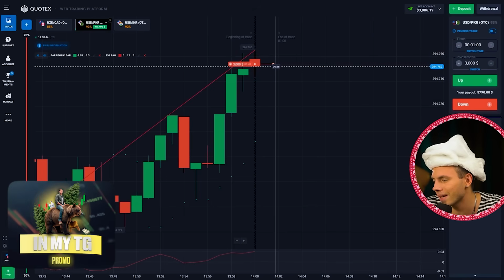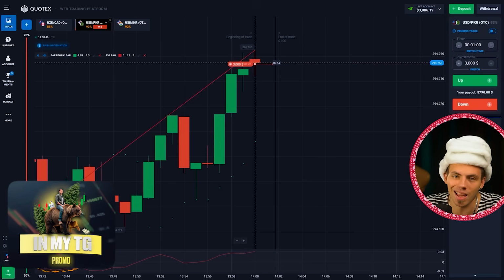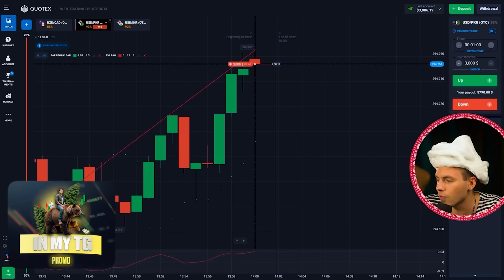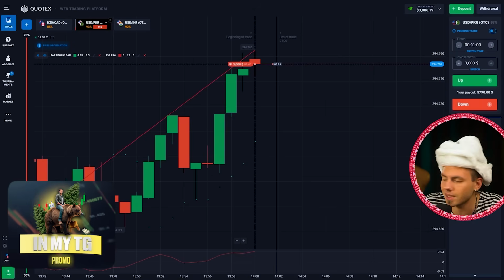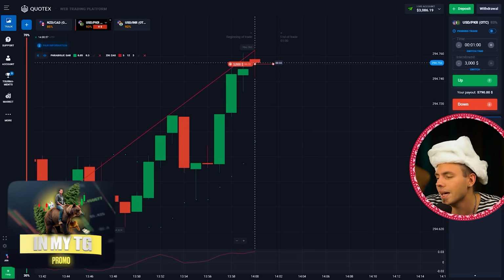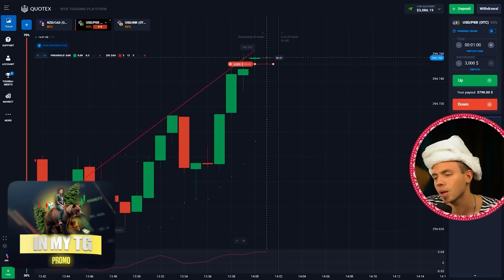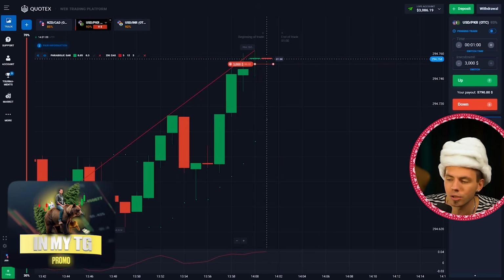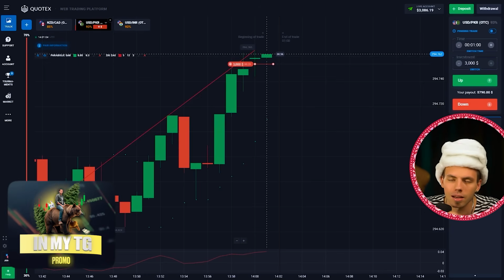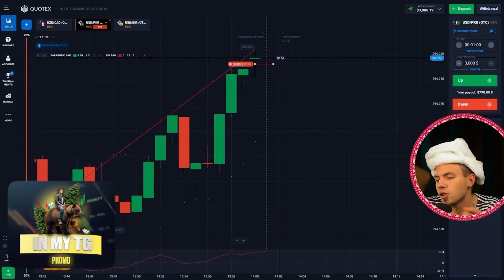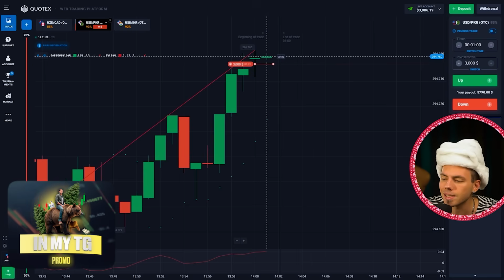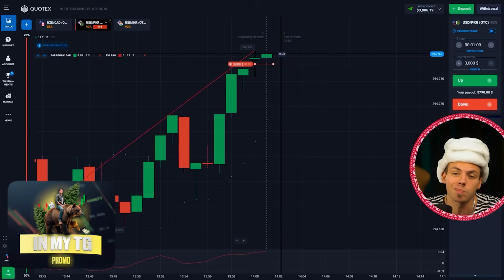Here, what do we have? We have a similar situation as in the last trade actually, except that of course there is a new resistance level here, and we have it at 294.765 right now, you see? Another very strong resistance level, and once we reach the resistance level, taking a look at the graph in the past, we don't see any indicators telling us that a breakout of this level is possible.